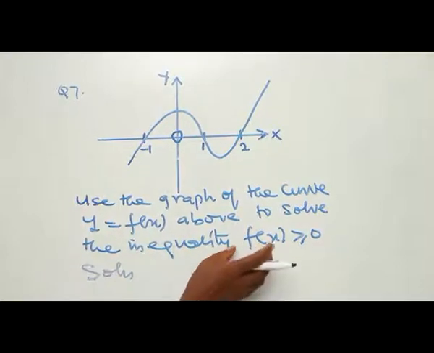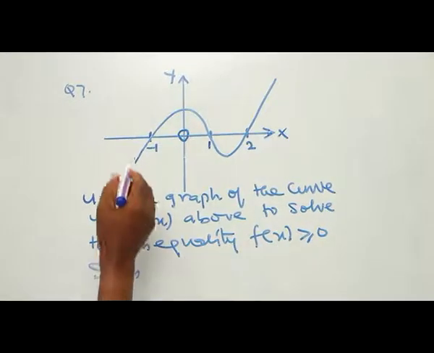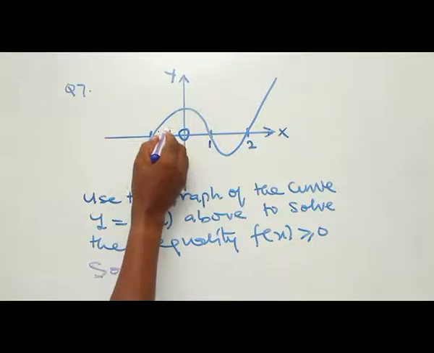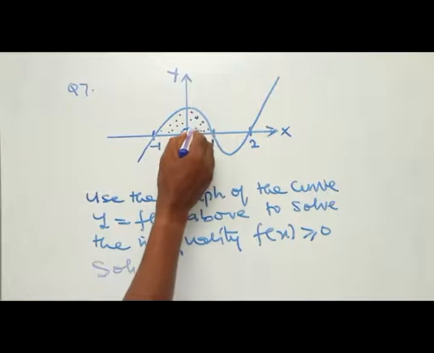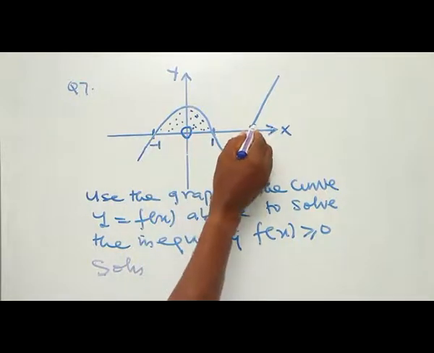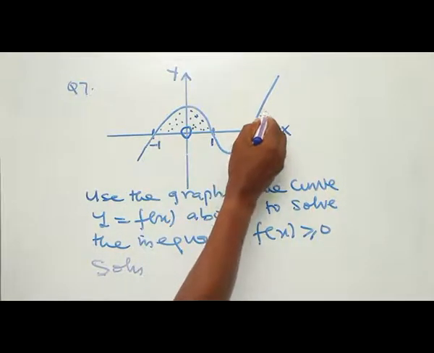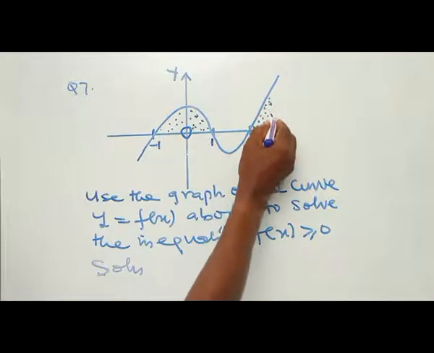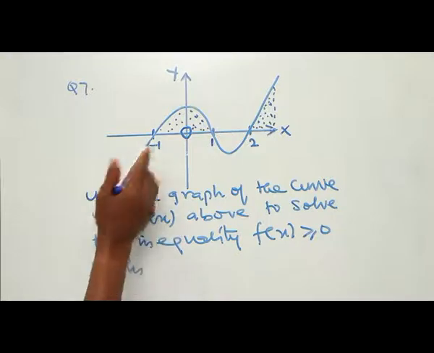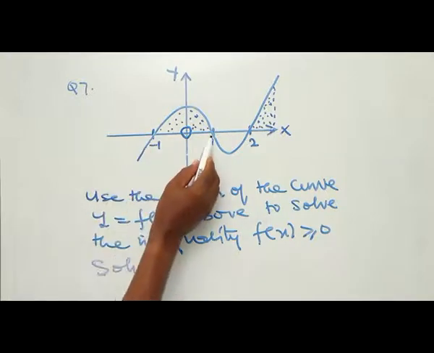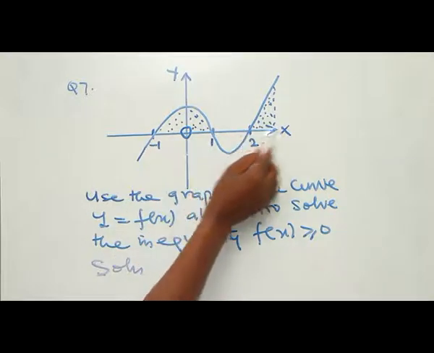So take a look at your graph. At what point is the graph above 0? It's above 0 at this shaded point. The graph is above 0 here. The graph is also above 0 in this other part. So you actually have the solution as between minus 1 and 1 and above 2.